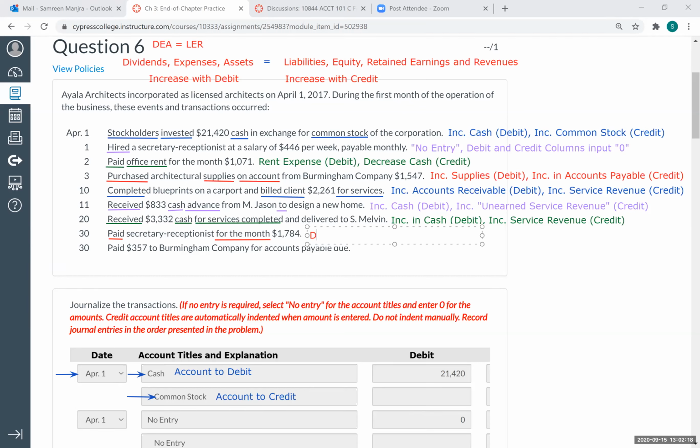So that decrease in cash is going to be a credit. And the reason why my cash is going down is because I have salaries and wages expense for the employees that have worked, and my expenses will be noted with a debit.